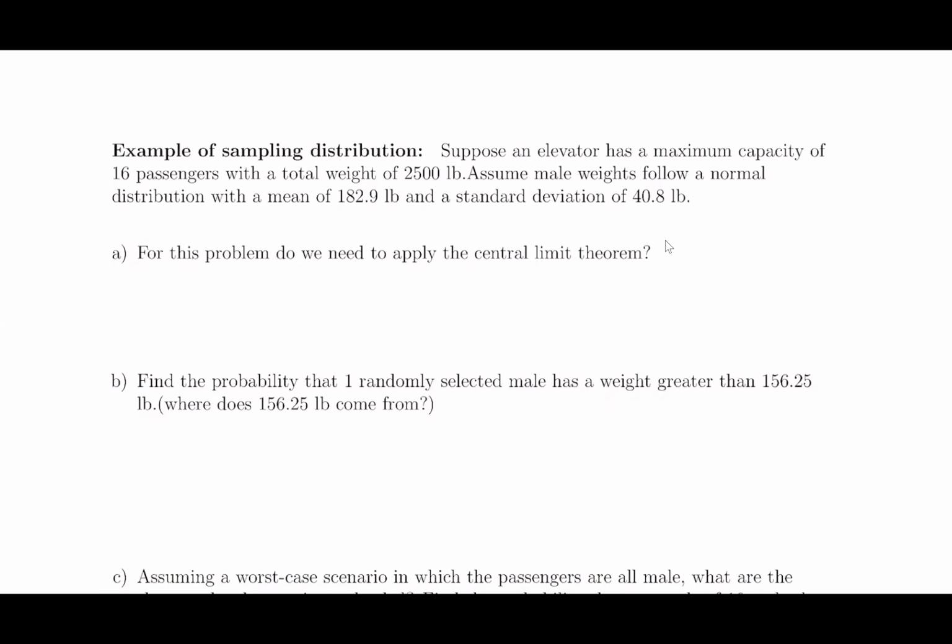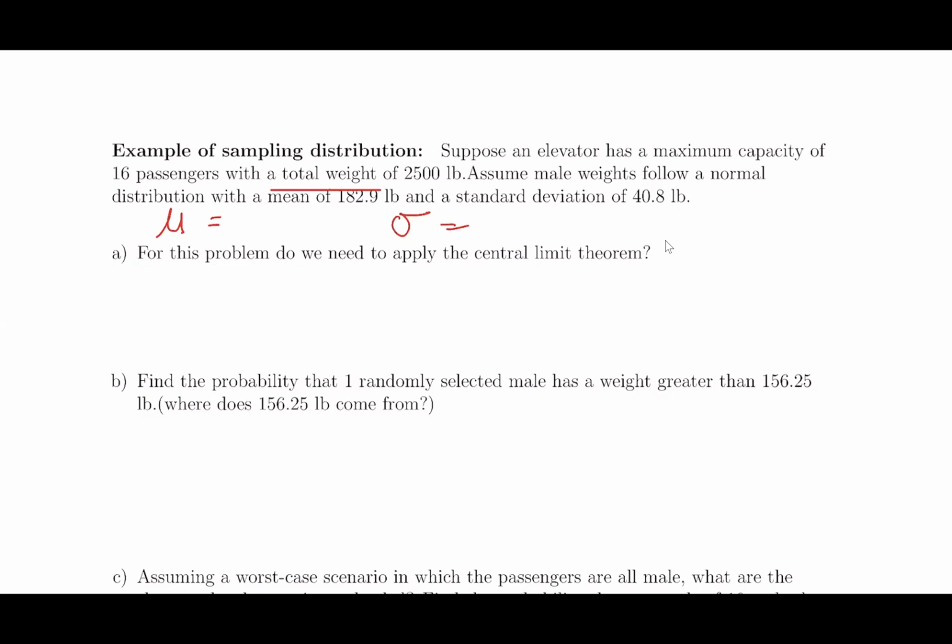All right, so let's look at the information that they give us. Let's find mu, let's find sigma, and let's see if they tell us the distribution is normal. So for this one, what's our mu? Well, if you look at mu, 182.9. Perfect, Imani.